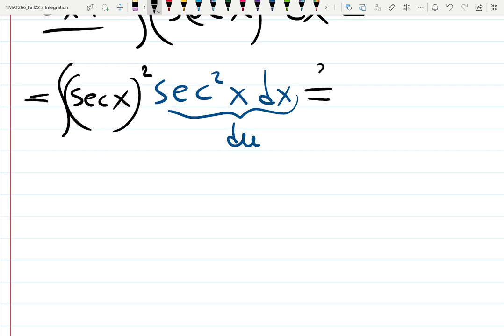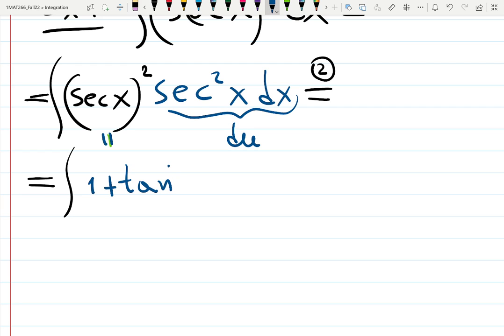So we're going to use formula number 2, which nobody remembers, to be honest. Well, some people do remember. Secant squared minus tangent squared is 1. Secant is like the cool guy, so I will write it this way. Secant squared becomes 1 plus tangent squared x.